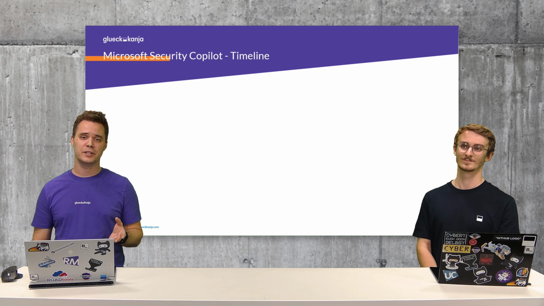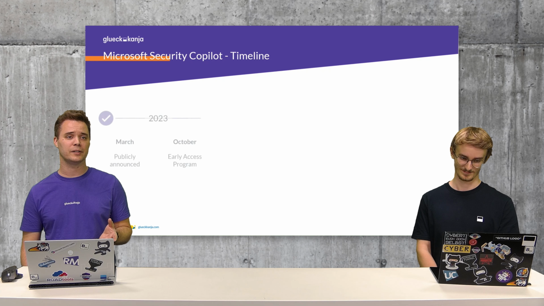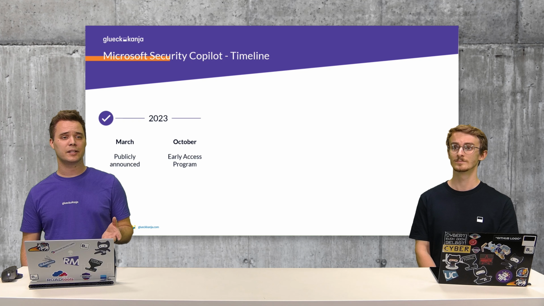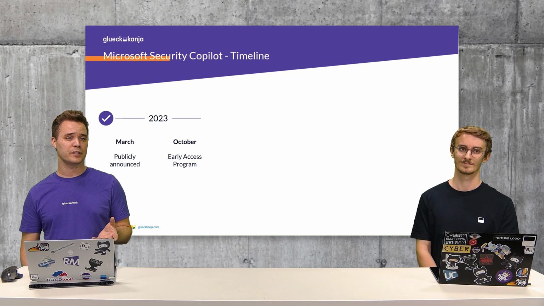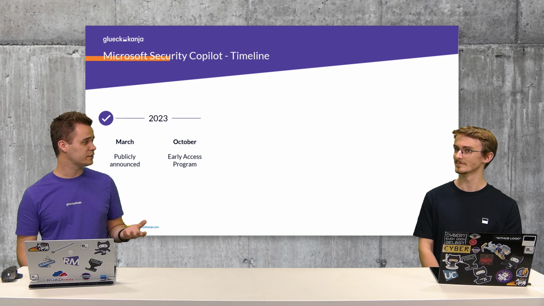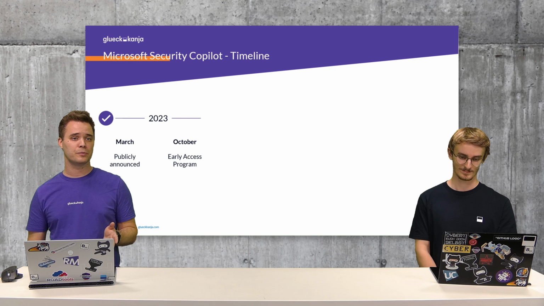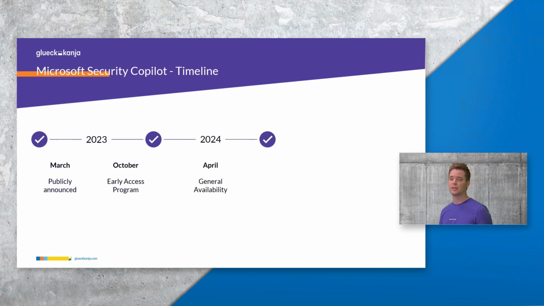All right. Let me go through the timeline and the history of Security Copilot. It all started in 2023. Microsoft announced Security Copilot in general. They started an early access program and went through 2024 to GA, the product in general, right?